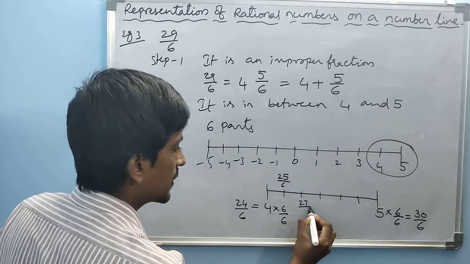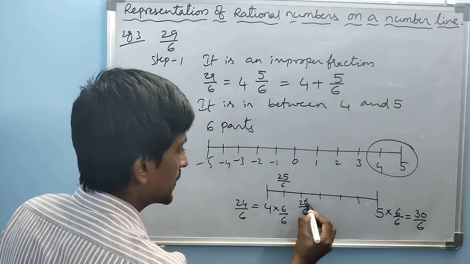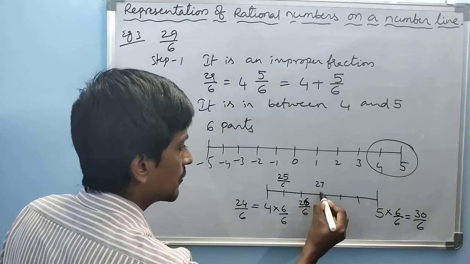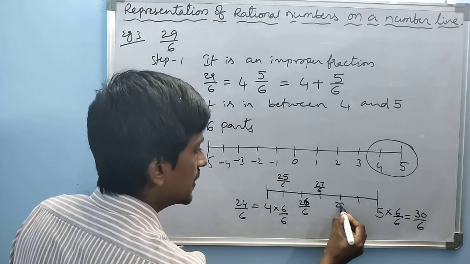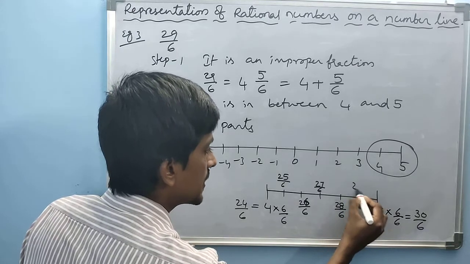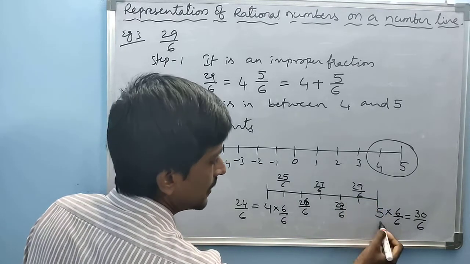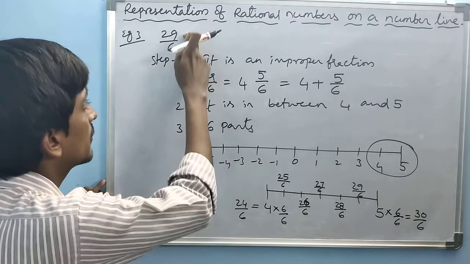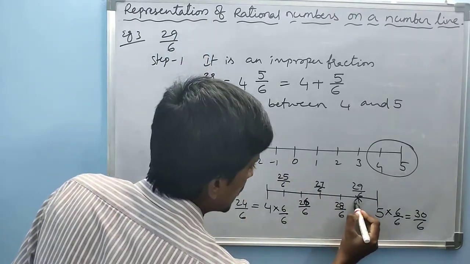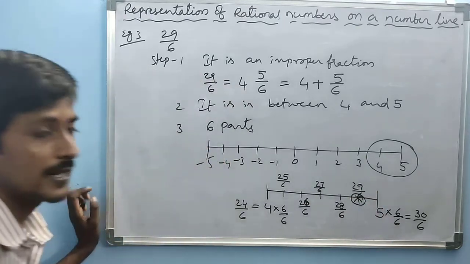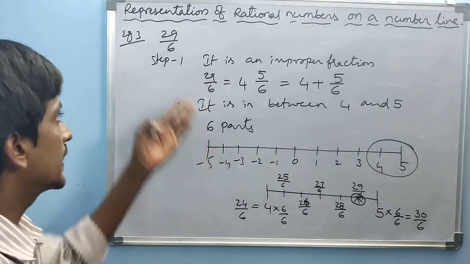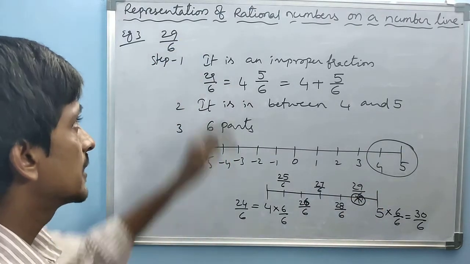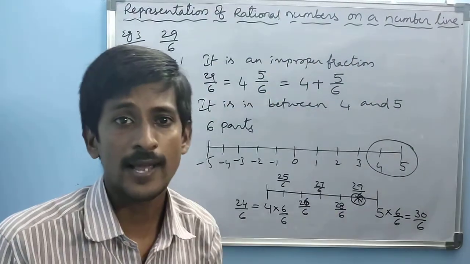Next number, 26 by 6. Next number, 27 by 6. Next number, 28 by 6. Next number, 29 by 6. Next number, 30 by 6. Which number do you need? 29 by 6. So you mark like that, 29 by 6. Like that, the rational numbers representation on a number line.